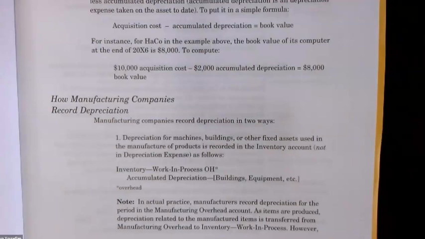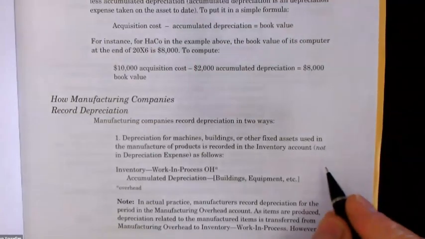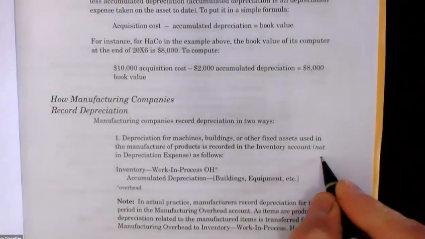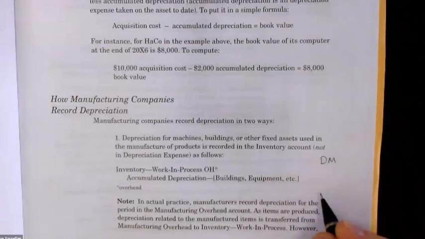So then what do you debit if you don't debit depreciation expense? In the factory, anything that you cannot trace easily to the product will go in the overhead. In order to create any product, you need three things. You need direct material, agree? You need direct labor to make that product for you.